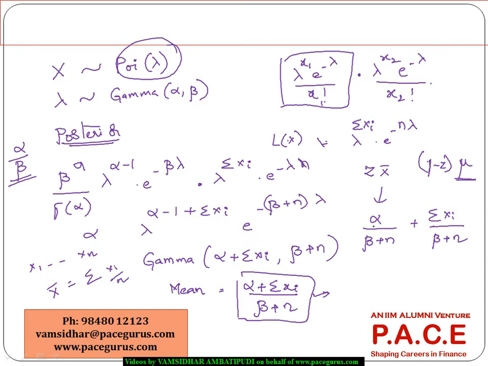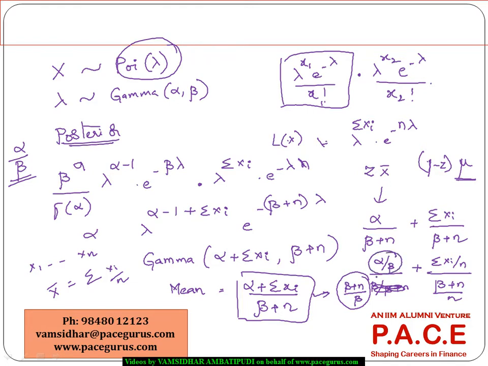Now what I'll do here, both the numerator and the denominator I'll divide by beta. If I am dividing both of them by beta, it is alpha by beta divided by beta plus n by beta. And this part also becomes sigma xi by n divided by beta plus n by n. Now if you look at this, write it the other way.